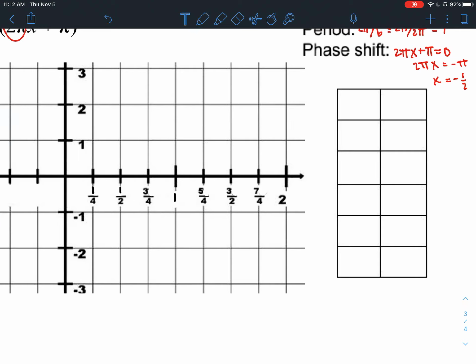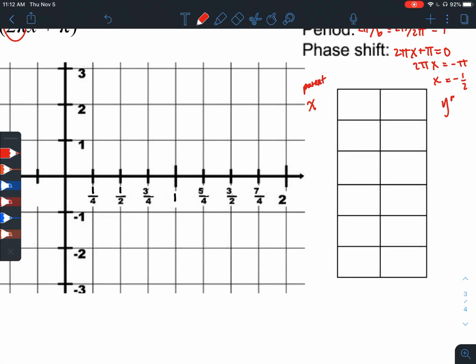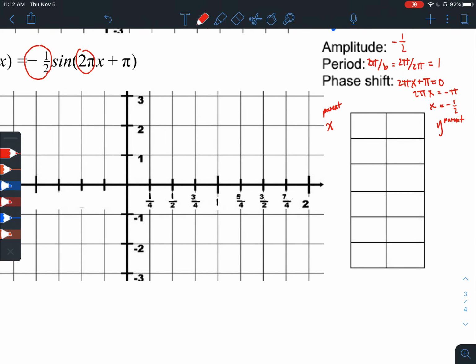Okay, so again, I'm going to put our x values of our parent function and y values on the outside just to save us some time. So we have sine, so it's 0, pi over 2, pi, 3 pi over 2, and 2 pi. And then our y values start at 0, 1, 0, -1, 0.